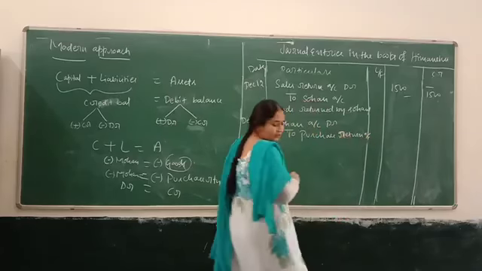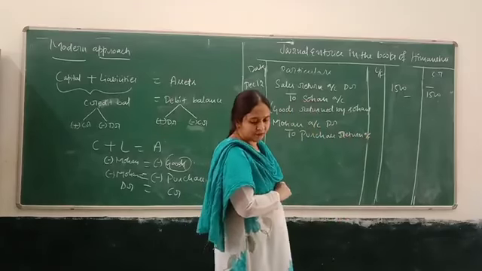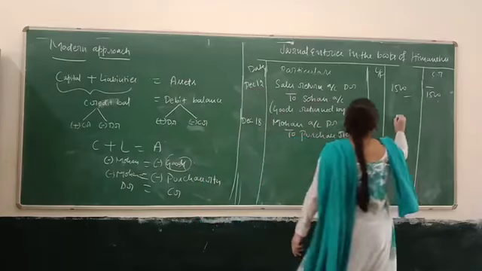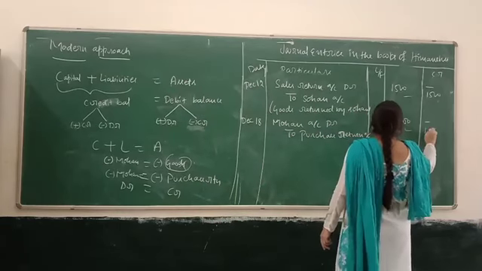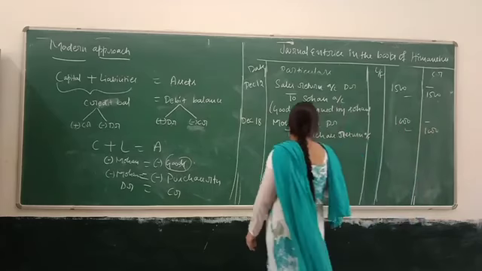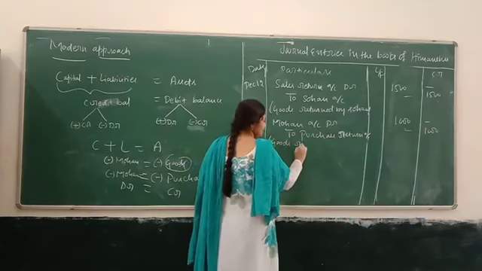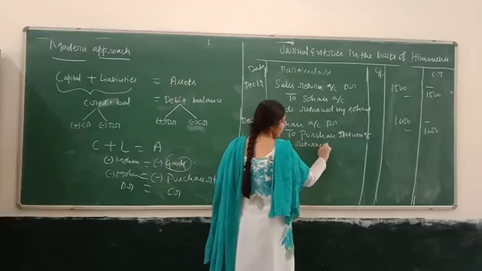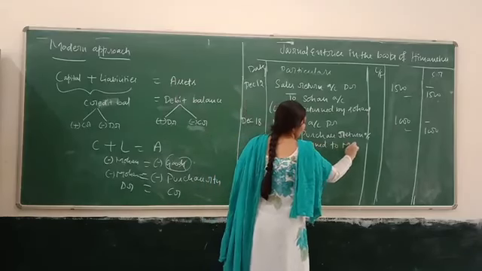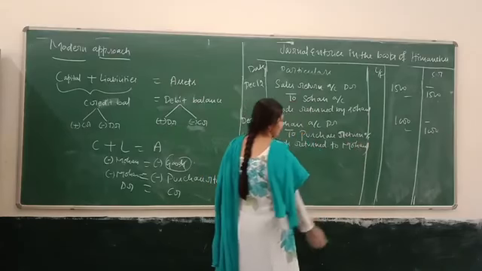What is the value of the goods? The value of the goods is 1,000. Goods returned to Mohan. Business is returning goods. Okay, this is the journal entry.